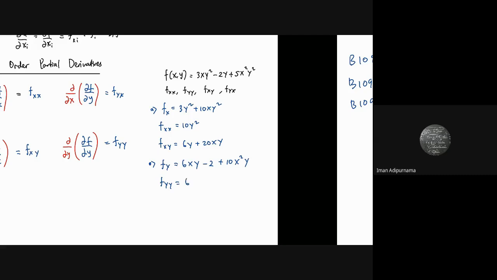This will be 6x plus 10x squared. And if we differentiate with respect to x, this will be 6y plus 20xy.